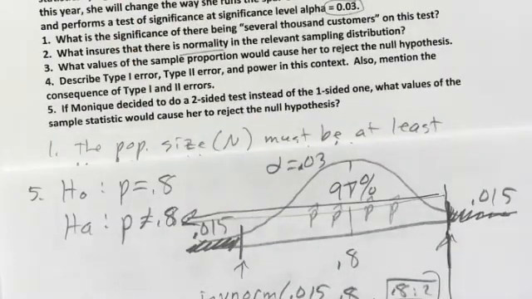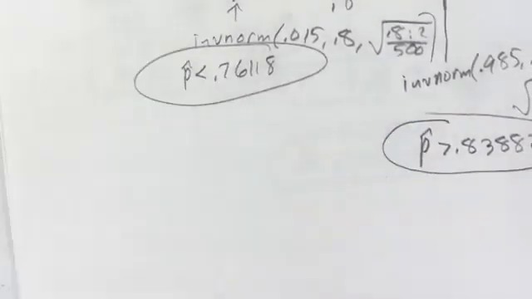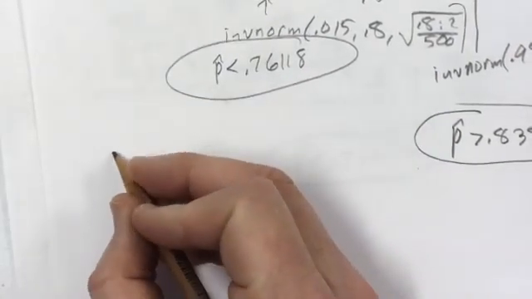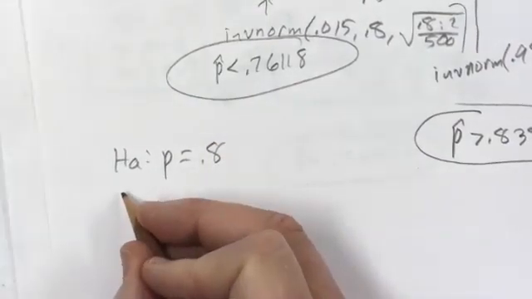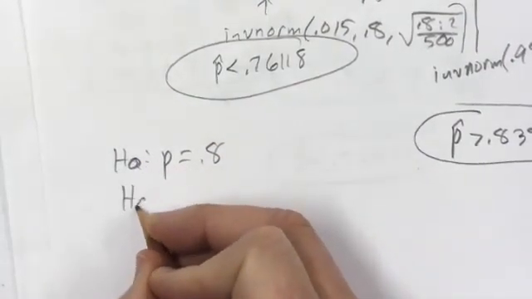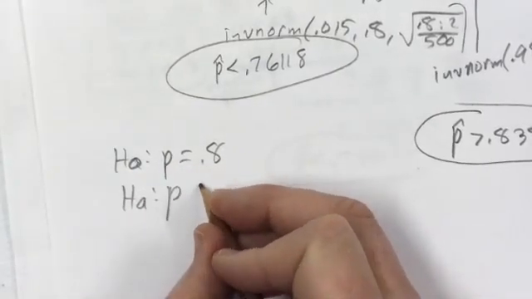And the last thing that I wanted to remind you of, as far as sort of tough problems, is when you're asked to find a p-value given your test statistic. For instance, let's just say we had the null hypothesis is p is equal to 0.8, and that's the null, and let's say the alternative, going back to what it was originally, is p is less than 0.8.